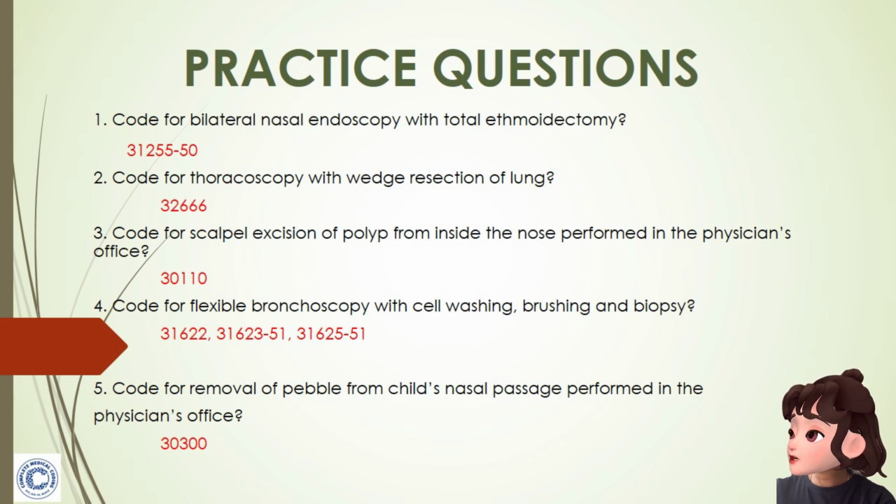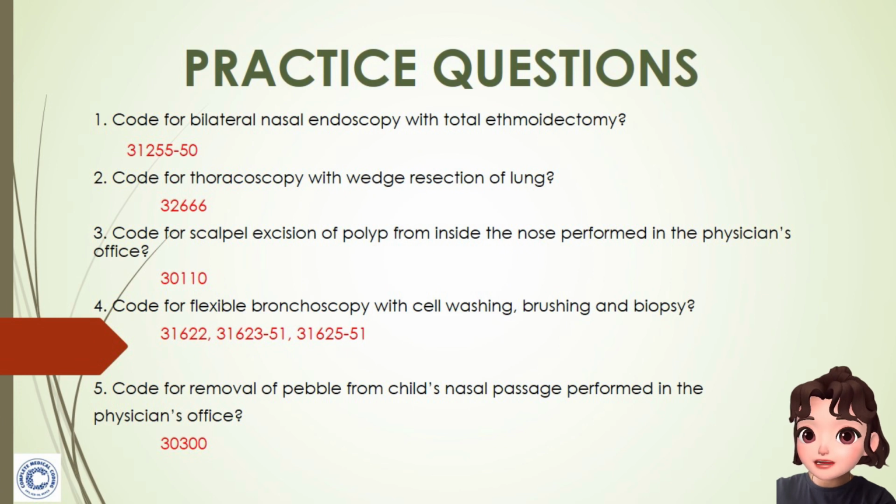So this is with the cell washing, 31622 code. If you read it fully, when performed, diagnostic with cell washing. So bronchoscopy with cell washing will be 31622. Now brushing and biopsy are also mentioned, so we need to code those also. The next code is 31623 with the brushing.